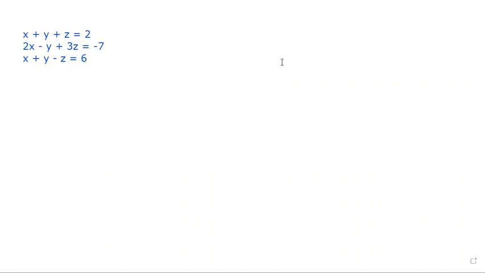Okay, here we want to look at how we use a matrix to solve a linear system. Now remember, if we're trying to solve for one variable, we can pretty much use a regular linear equation to solve for x. If we have two variables, we'll pretty much either use the elimination method or the substitution method to solve for x and y.